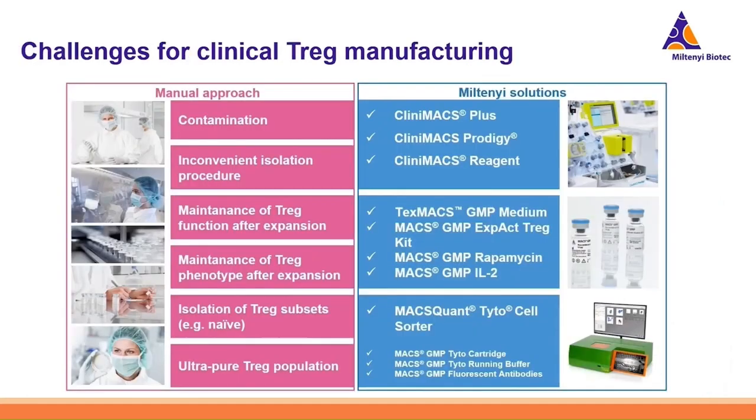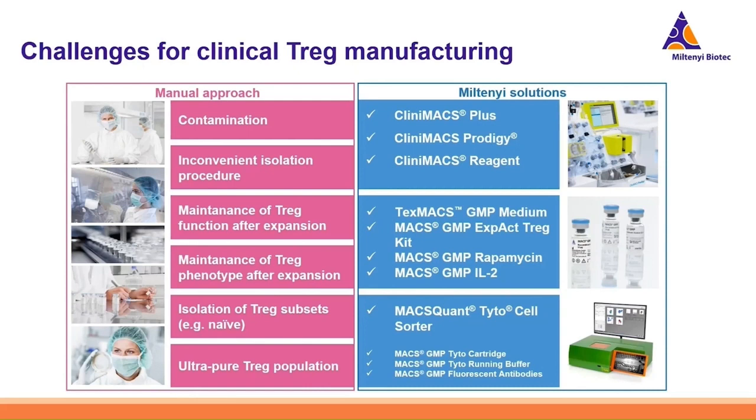The manufacturing of clinical Tregs is a challenging task, and there are different steps that have to be considered. The first step is the isolation, which is of course very important and has to be contamination free. Another step is that Tregs are usually needed in an ultra pure state to have an effective treatment. And also, of course, the maintenance of the cells in culture is very fundamental to the whole process.